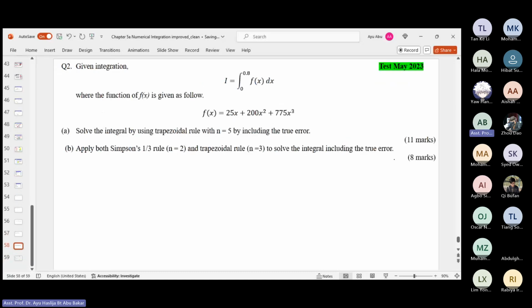Now I want to do this one first. Last year test for B. Given integration of this function, it asks you to apply both Simpson one-third rule and trapezoid rule to solve the integral, including the true error.